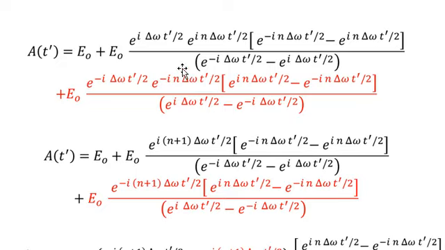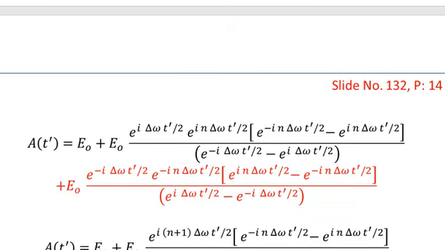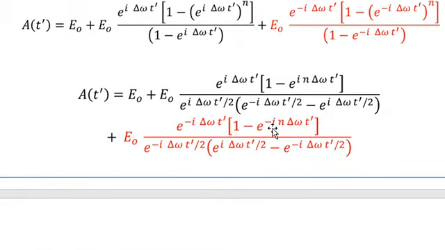And these two terms are what I have cancelled with the term in the numerator. For example, this term, which is e to the power iota delta omega t prime divided by 2, you can cancel with this term e to the power iota delta omega t prime, or you can take it in the numerator and subtract the arguments.